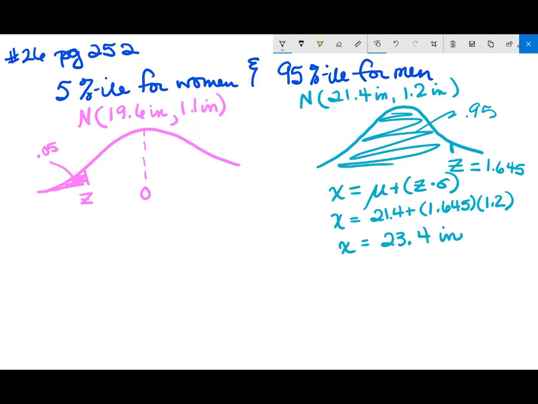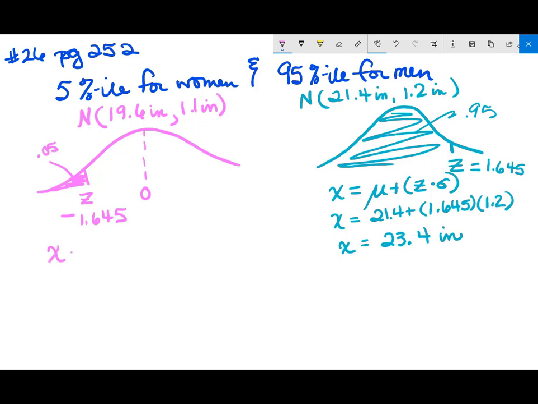So again, I'm going to go to StatCrunch and put less than or equal to. I'm going to leave my x value blank and put in 0.05 for my probability, and I get a negative 1.645.